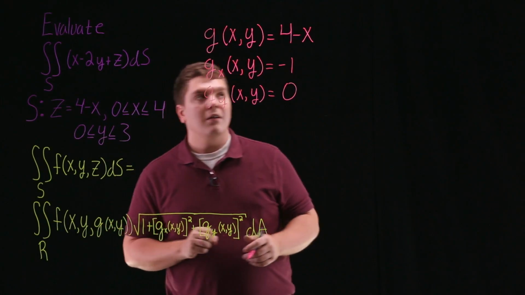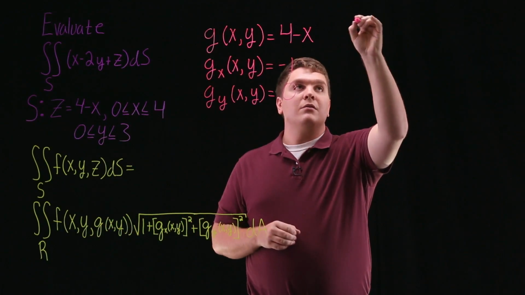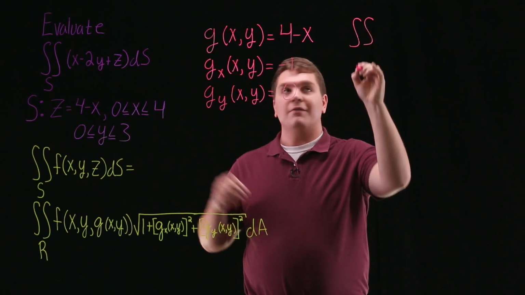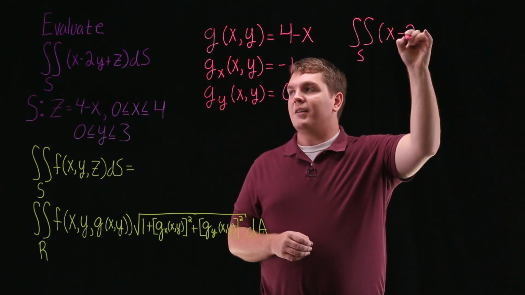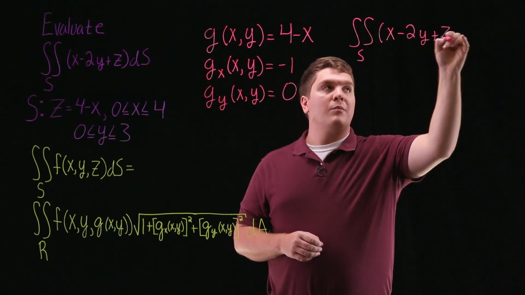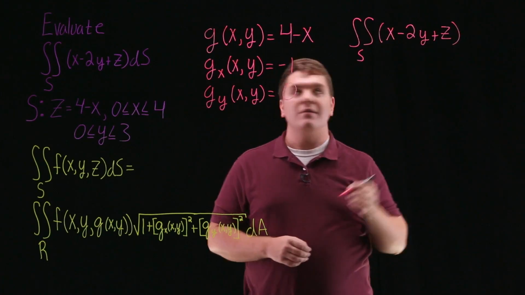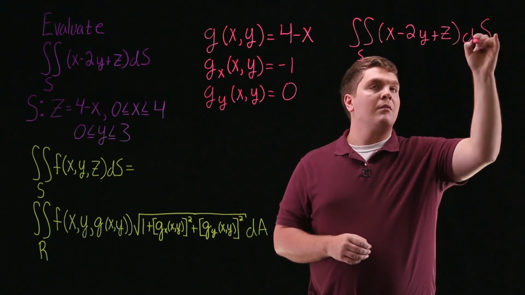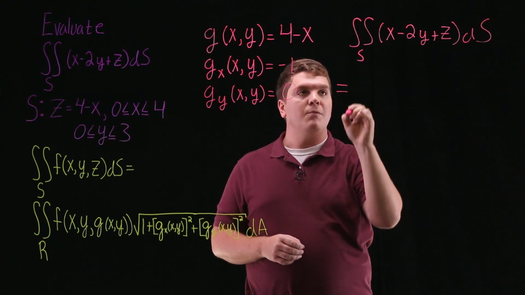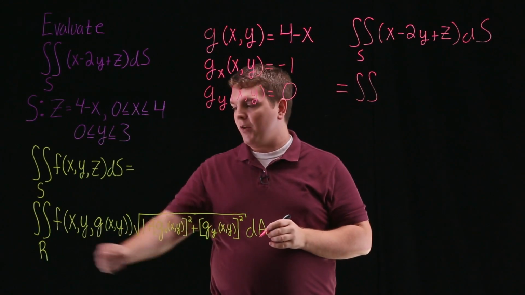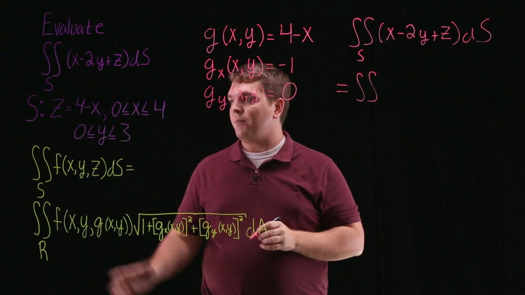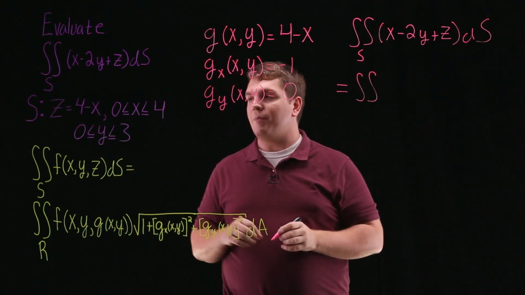So our integral over the surface S of x minus 2y plus z dS is going to be equal to the double integral over a region R, which ends up being the projection of this surface into the xy plane.